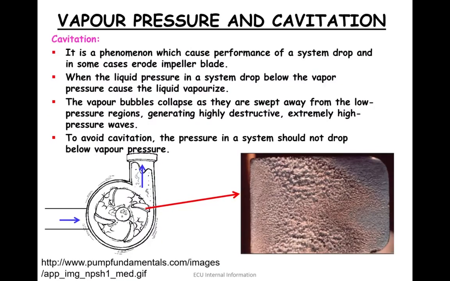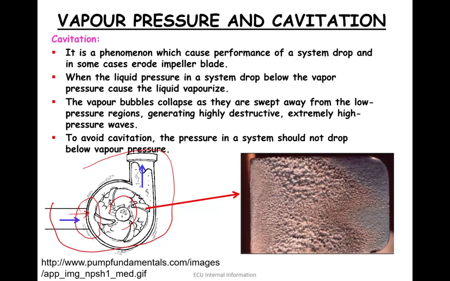But what is cavitation? It is important for us to know what is meant by vapor pressure, and now we can translate this to cavitation. Okay, consider this pump here. Here we call it suction, because when the propeller rotates, the pressure here would be very low.